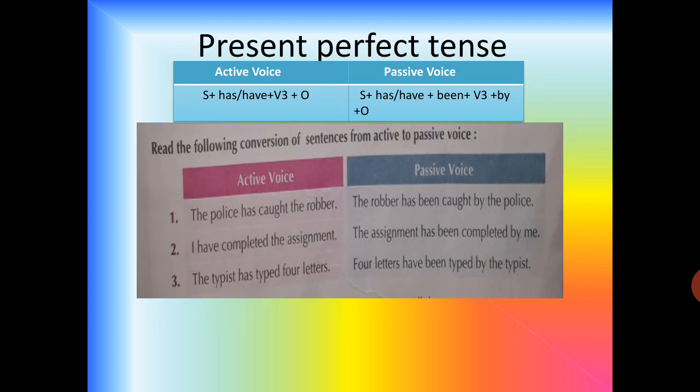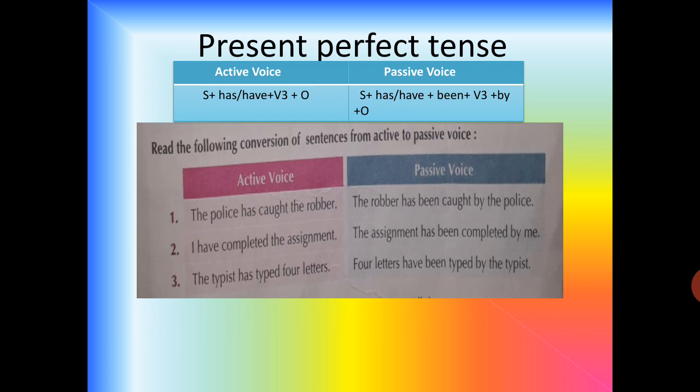Now talking about present perfect tense. Present perfect tense, how will you recognize, girls? Yes, subject plus has, have plus verb ki third form and object. Like the police has caught the robber. I have completed the assignment and so on. Has, have is always there and with the third form of the verb. But when we change such sentences into passive voice, what we do, girls?